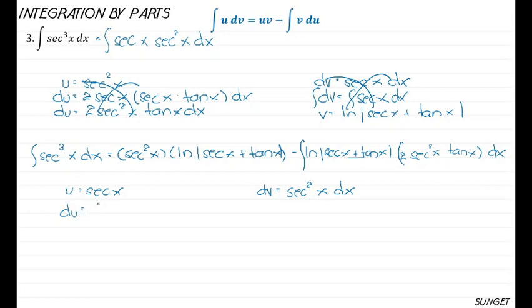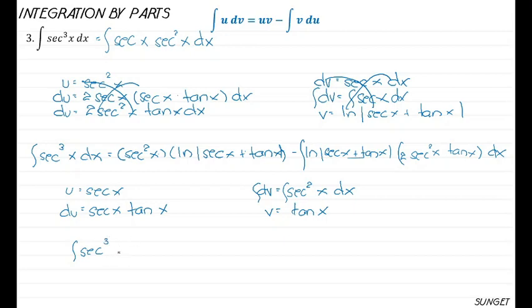So du is equal to derivative of secant x, so secant x tangent x. For dv, integrate each side. So v is equal to integral of secant squared x dx, which is tangent x.